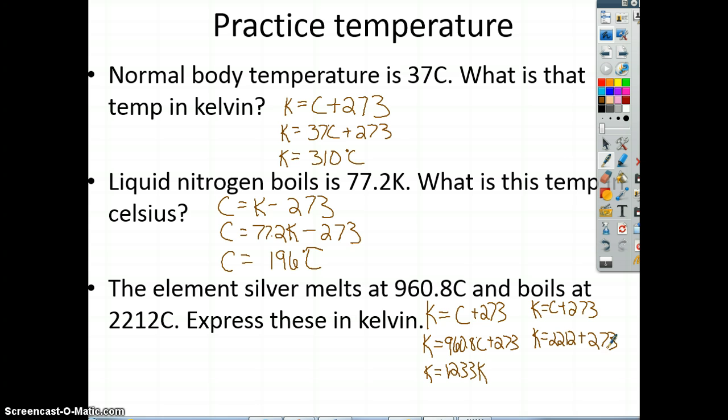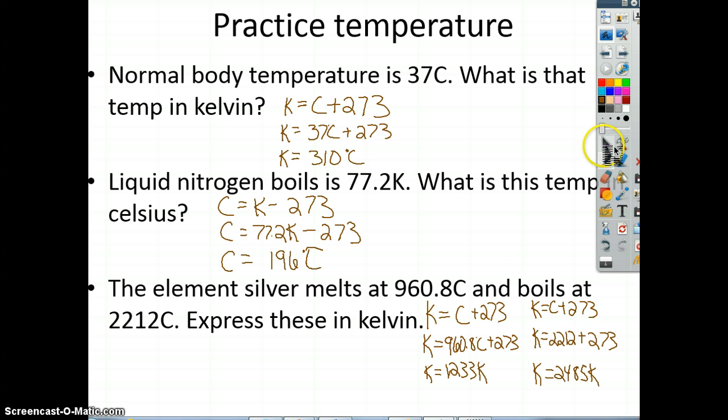And so our K is equal to, and again, I still have 4 significant digits, it looks like. Okay, so there you can double check your math. First problem, we were trying to find Kelvin, then we were finding Celsius, and then we were finding Kelvin. If you see that I made any mistakes, please let me know.